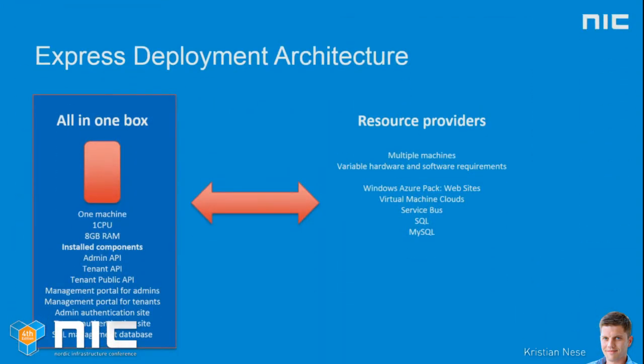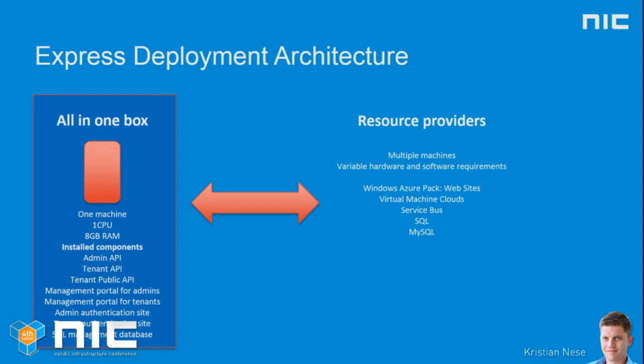So let's first cover the Express deployment architecture. You have 2 options when you download and install Azure Pack. It's either to use the Express or choose a distributed model. When you use the Express, you install everything within the same virtual machine, both the backend stuff and also the tenant stuff. And you also get all the resource providers within the Azure Pack framework.